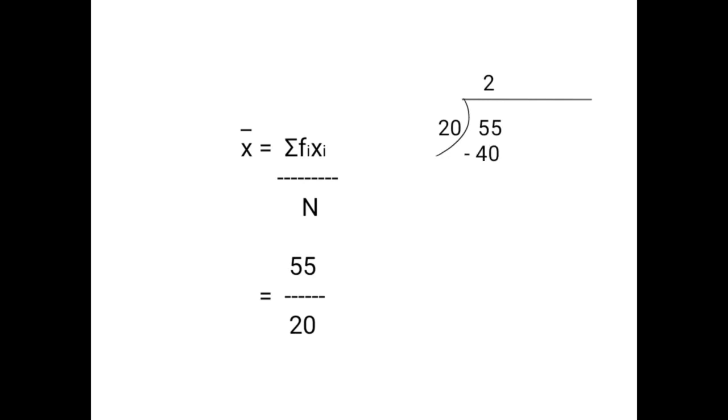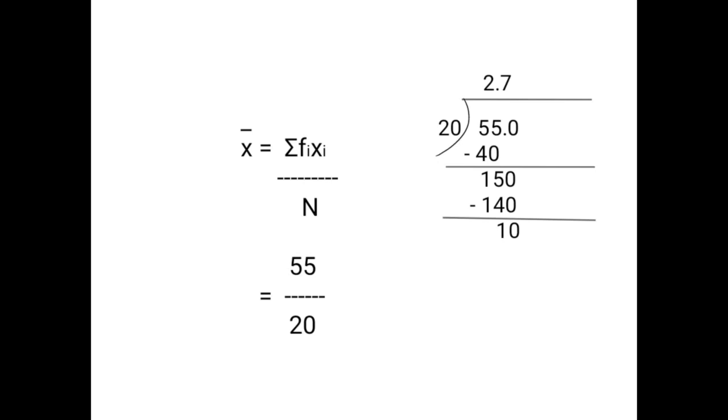2 twos are 4, so 40. Subtract the numbers: 55 minus 40, the answer is 15. Now you have to take a decimal point and 0. You have to put the decimal point in the quotient place. 0 you have to bring it down. 7 twos are 14, so 140. 150 minus 140 you have to subtract now. 150 minus 140, the answer is 10.